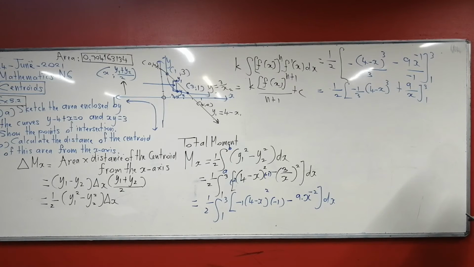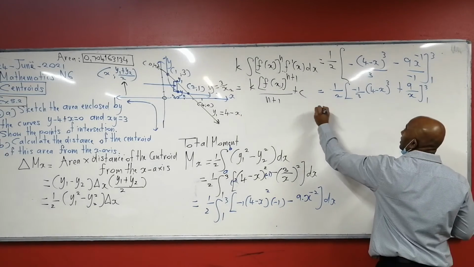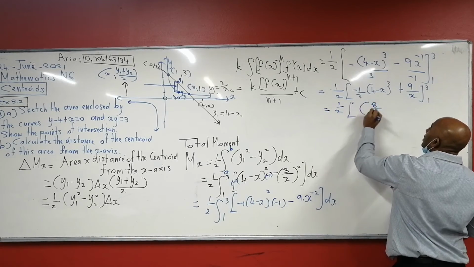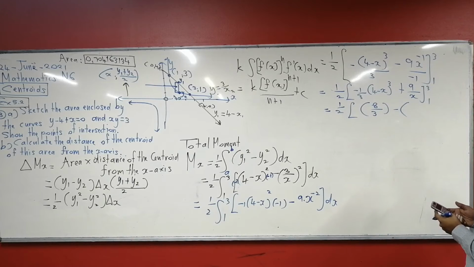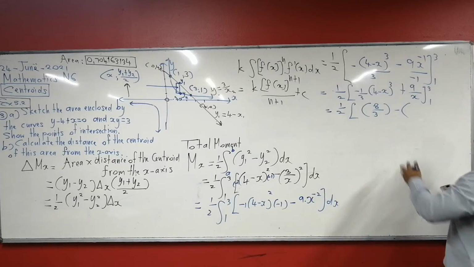Plus 9 over x. So when I substitute 3, I'm getting 8/3. When I substitute 1, I get 0.